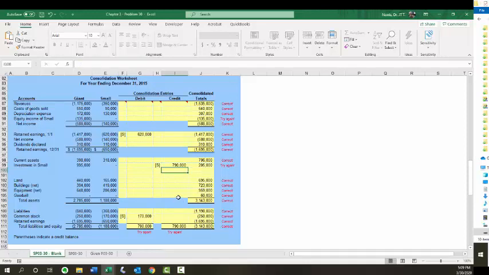The A entry is the land, which was 90,000. The equipment was originally 50,000. So at the date of the acquisition, we had undervalued equipment of 50,000, but we've been depreciating that.